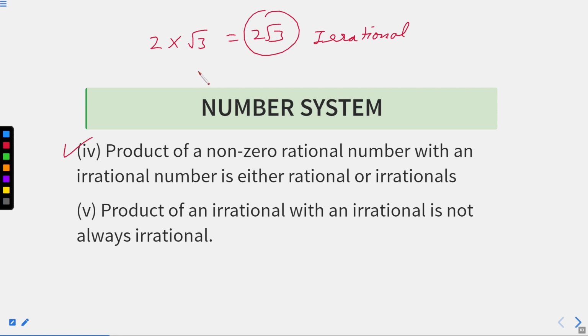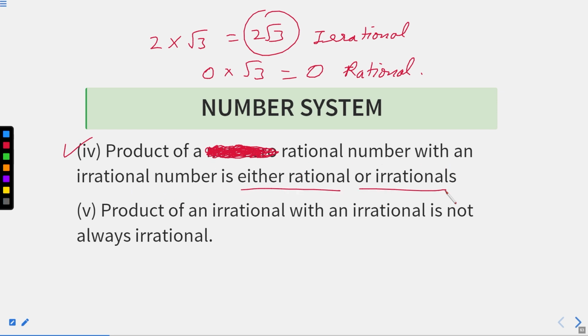And what if we take 0? Taking 0 and multiplying with this, we get 0, which is a rational number. So if we eliminate the non-zero condition, the product of a rational number with an irrational number is either rational or irrational.